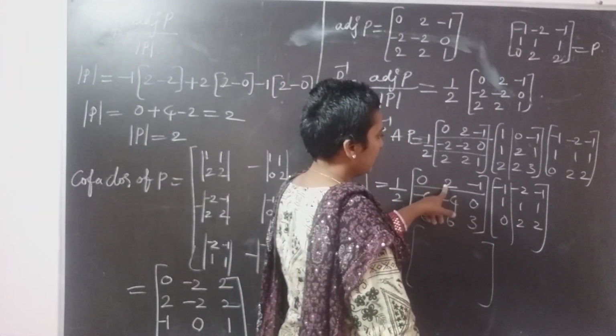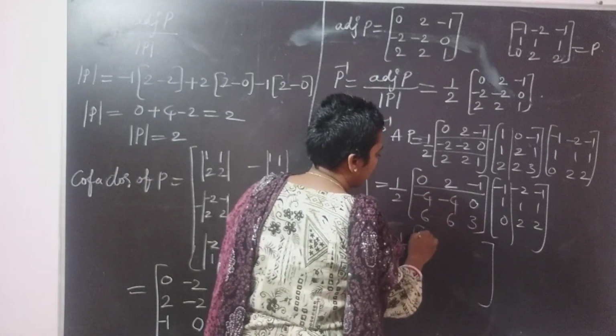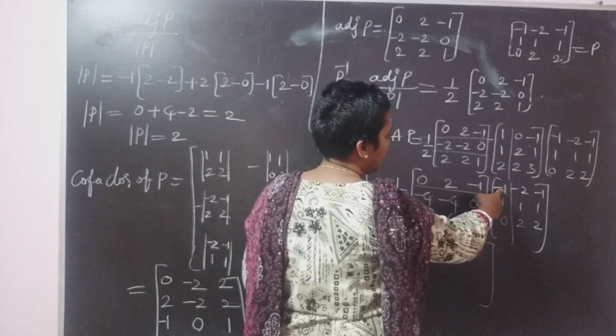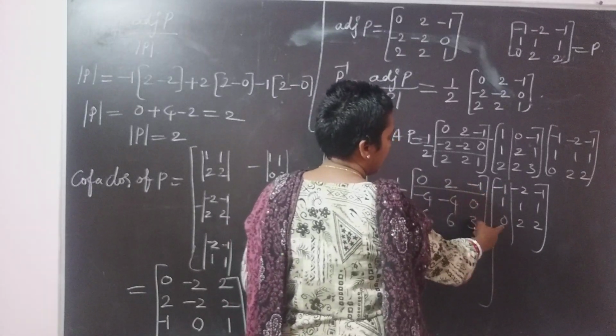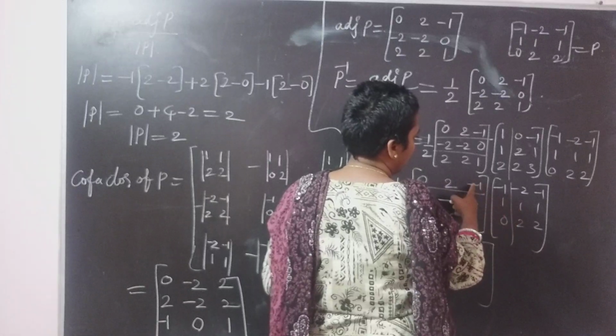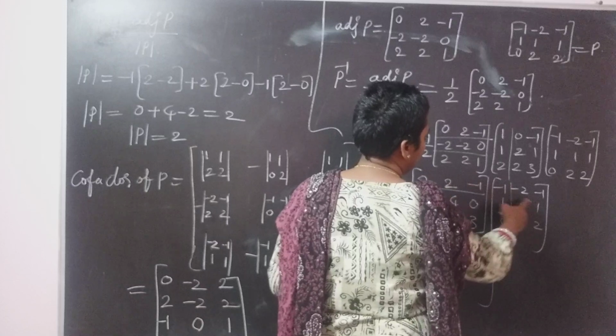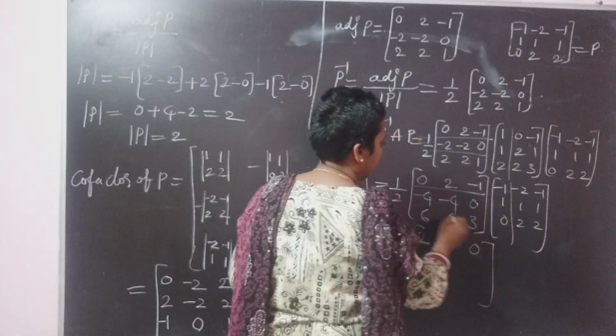0, it is minus 2, it's 0, 0 plus 2, 0 into minus 1, 0, 2 ones are 2, 0. Next 0, 2 minus 2, it is 0, 0, 2 minus 2, it is 0.